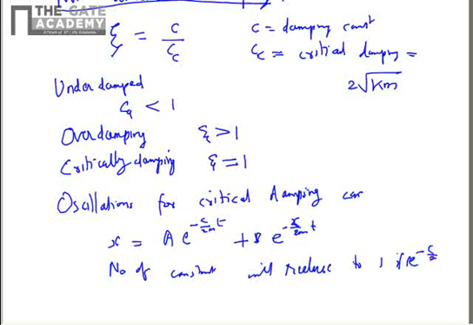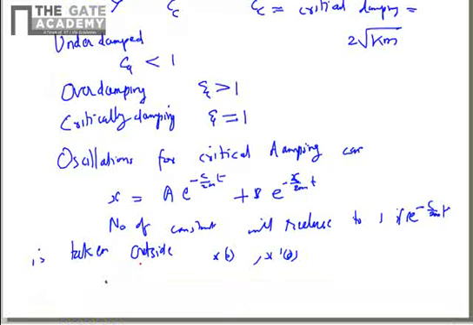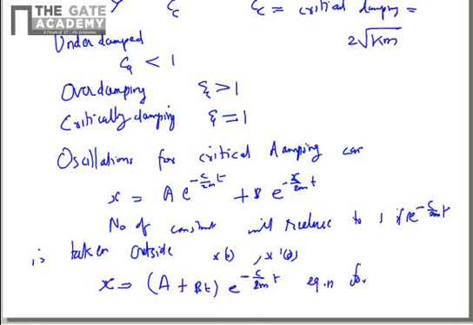That is not possible, because you have two initial conditions, x0 and x dash 0, so you need to have two constants. If you go to your mathematics fundamentals, you will see that in such cases the constants are given as a plus bt. You have a t extra, and then you can take the e to the power minus C by 2m t outside. So this is the equation for the critically damped case.